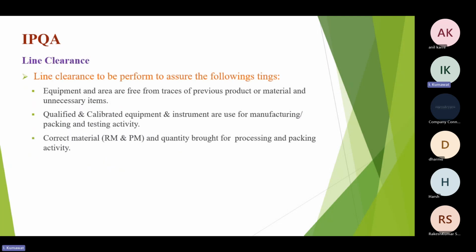So the initial stage in the IPQA is line clearance, to be performed to assure the following things. What is the meaning of line clearance? Is everybody aware of line clearance?